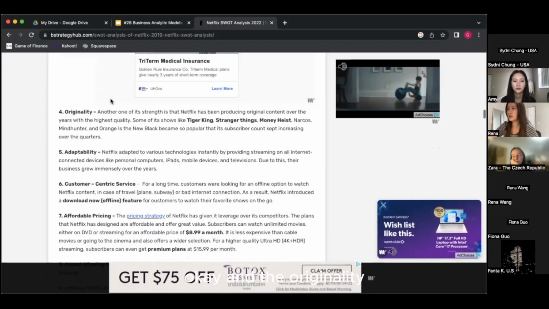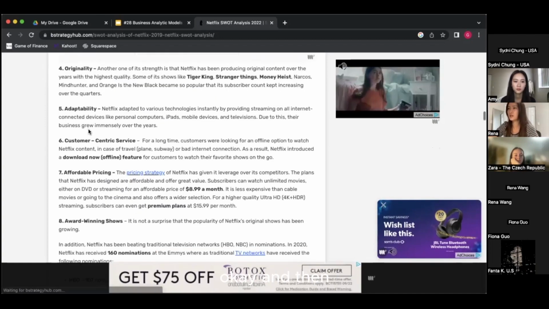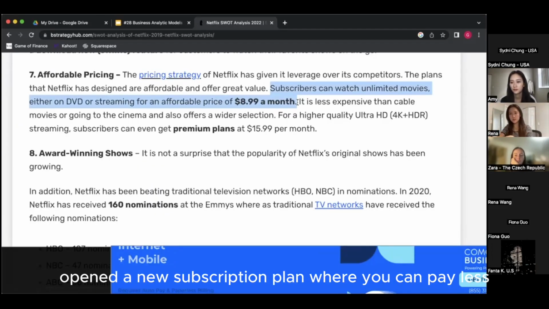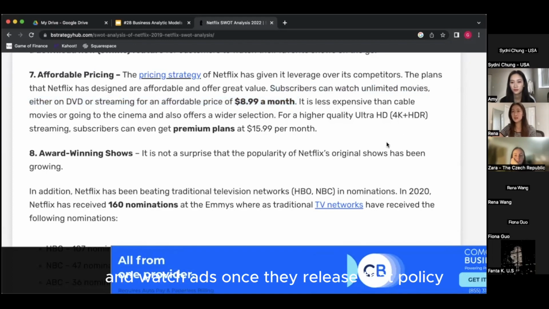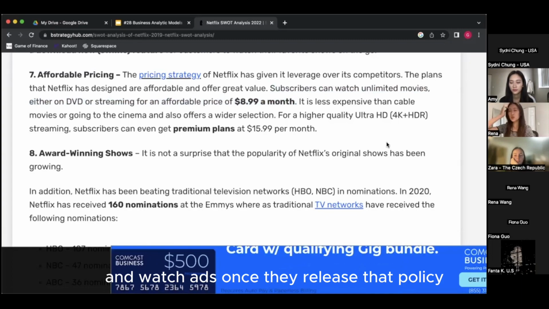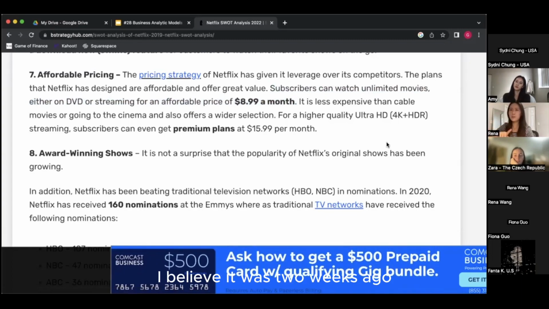Okay, and then originality. And Netflix just opened a new subscription plan where you can pay less and then watch ads. Once they released that policy, right after the earnings report, I believe it was 2 weeks ago, their stock price went up 30% in one day.